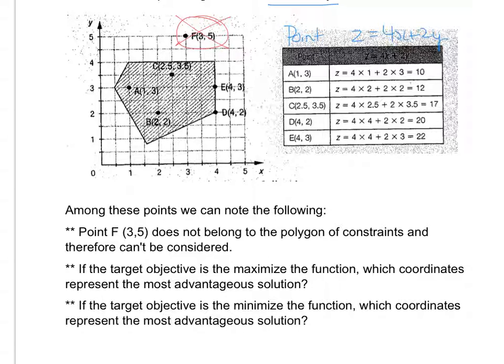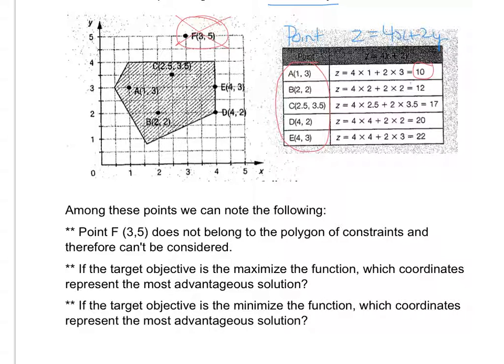Well, what you do basically is you take every point that you can find that's included and you put them in this column here, as you can see. And then afterwards, you take your optimizing function and you plug in the x and the y values into your equation to get the answer.